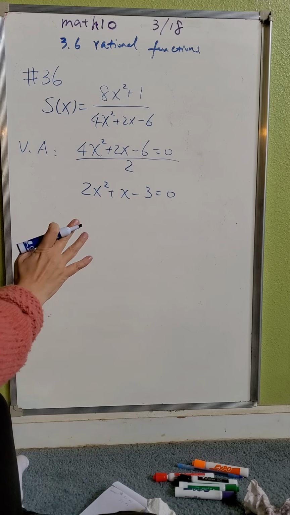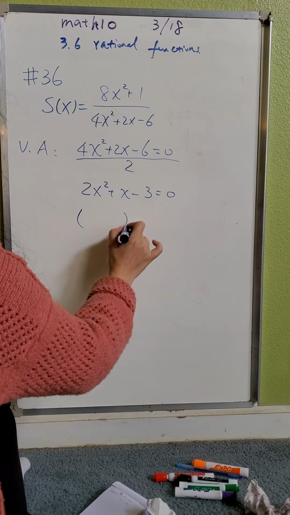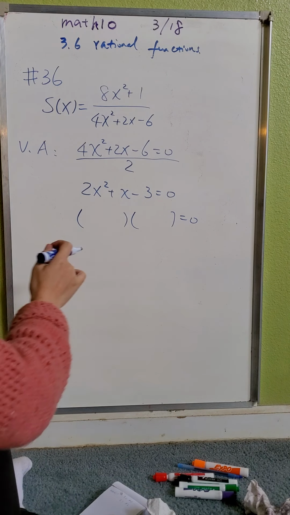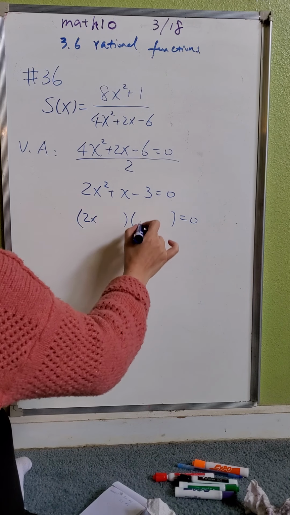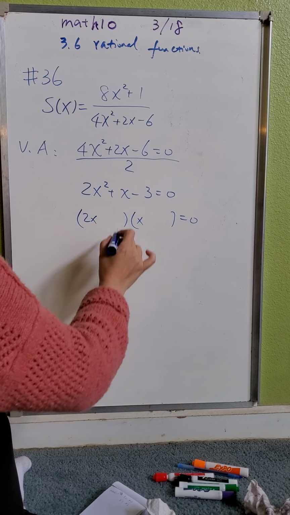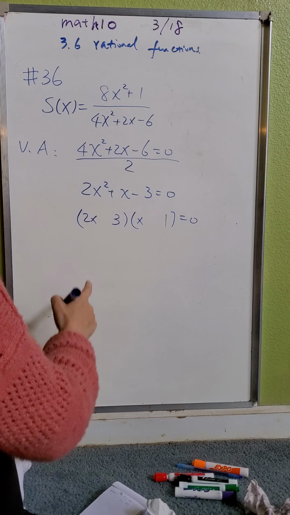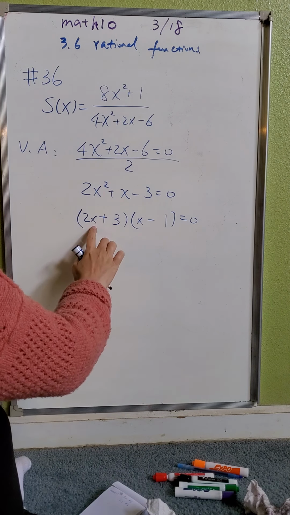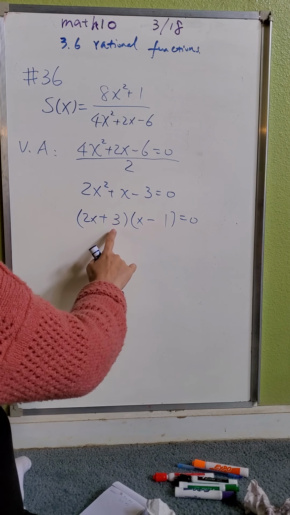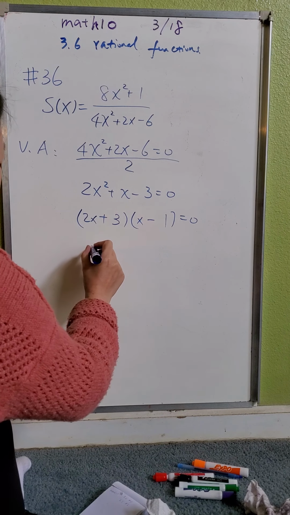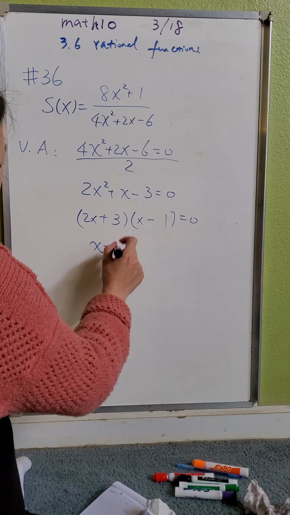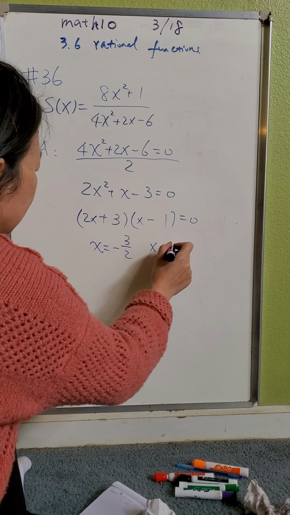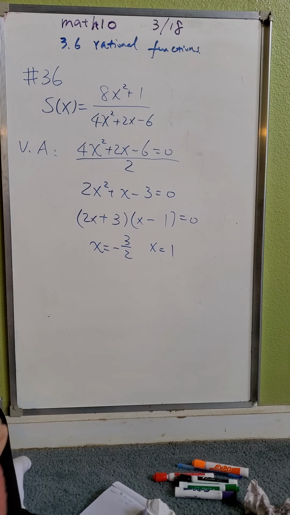We can factor this more easily after dividing. We need 2x and x, with 3 and 1. Looks like we want a plus and a minus, so that gives 2x squared minus 2x plus 3x minus 3. So x equals 3 over 2 with the opposite sign, and x equals the opposite of 1. So there are two vertical asymptotes.